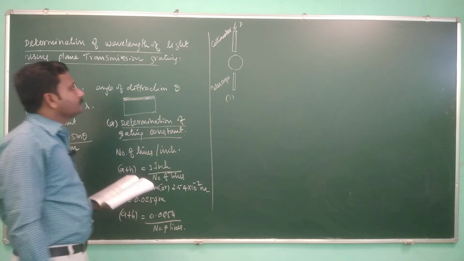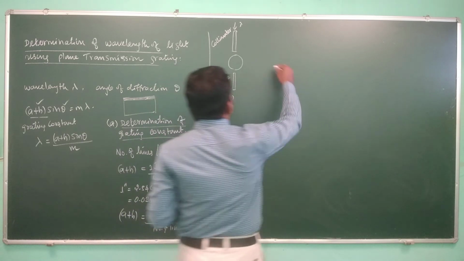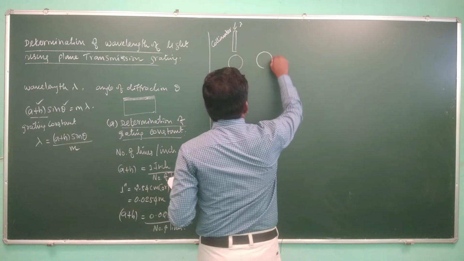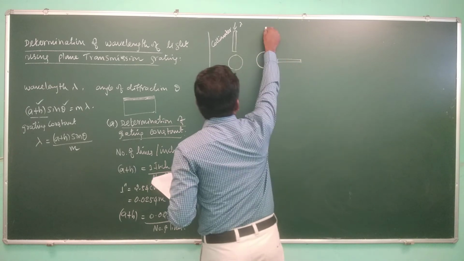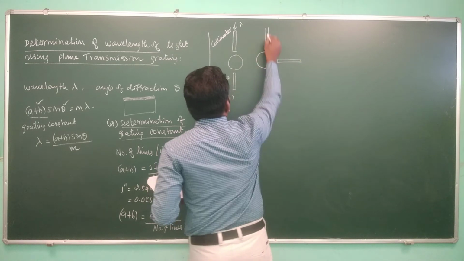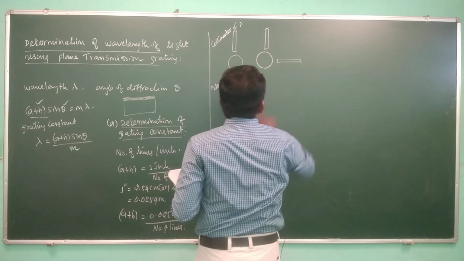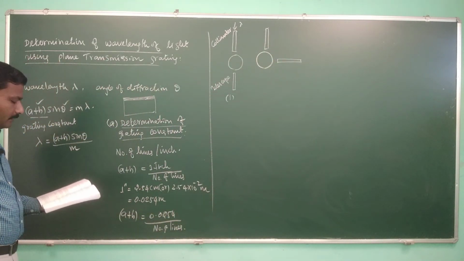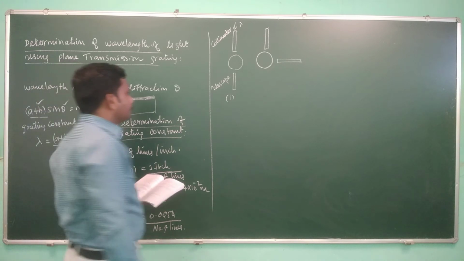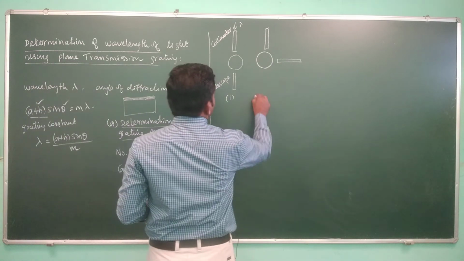And second thing, step 2, you rotate the telescope 90 degrees to the collimator and fix it. The angle between them is 90 degrees.